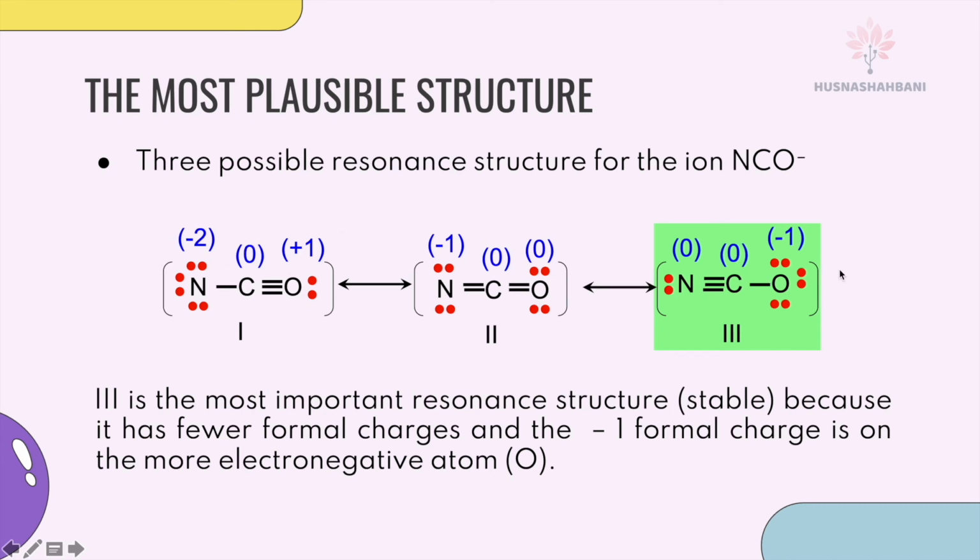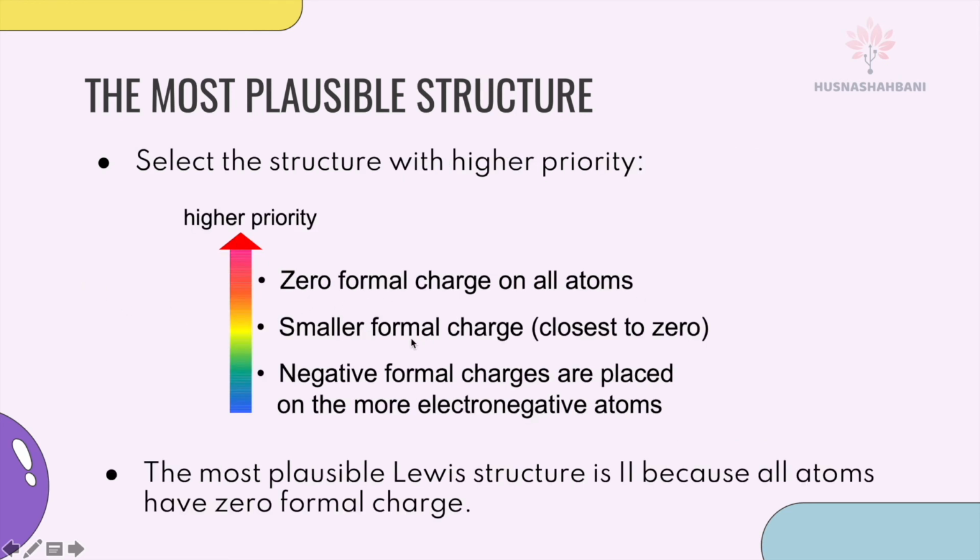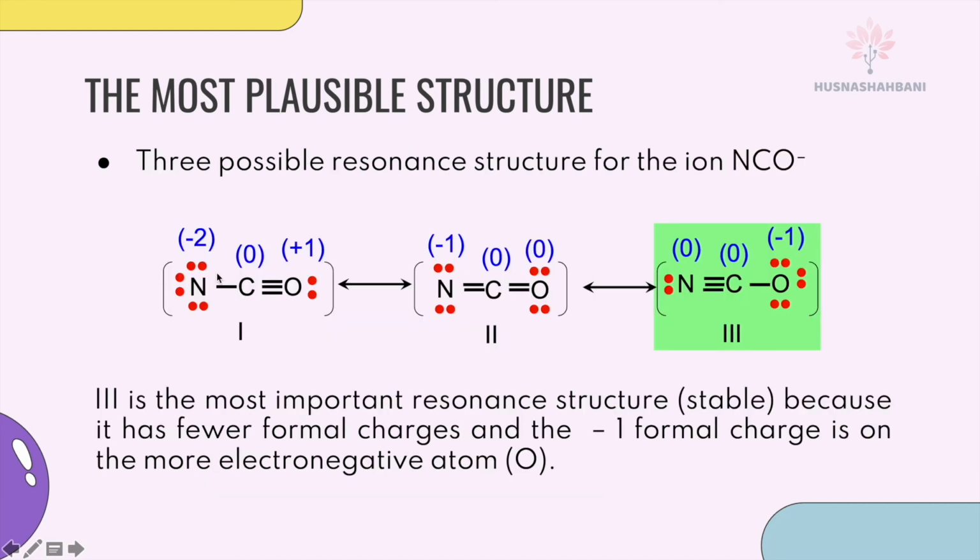You count the formal charge, and we found that these are the formal charges: N -2, C 0, O +1; N -1, C 0, O 0; N 0, C 0, O -1. If you want to find the most plausible structure, you cannot find 0 formal charge on all atoms because all structures have no 0 formal charge on all atoms.